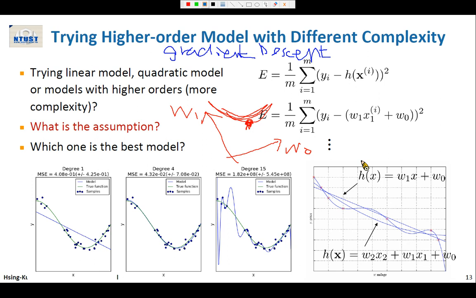Okay? So choosing W to be (A transpose A) inverse times A transpose Y, then we can get this one. If we can get this one, they may not be too different, okay? In fact, that's another story, right?